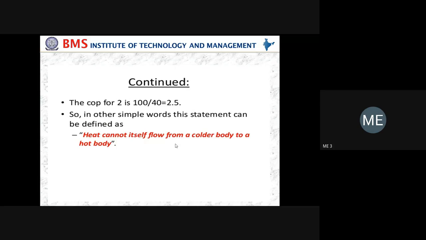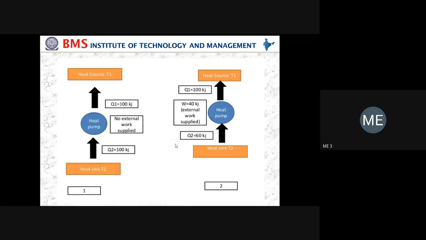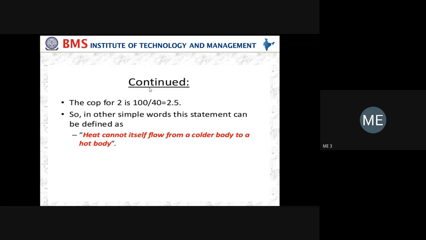QH is 100. As I said, the heat pump is a device where we concentrate on the heat supplied, and refrigeration is a device where we concentrate on the heat rejected, that is the lower temperature. So the ratio is QH divided by QH minus QL: 100 divided by 100 minus 60, which is 40.